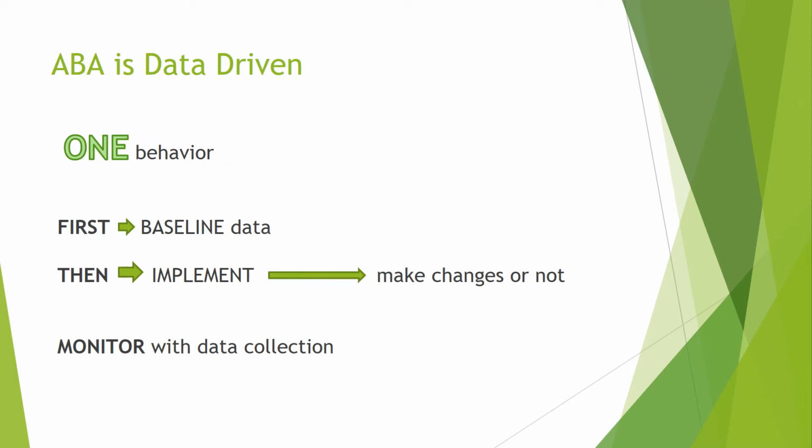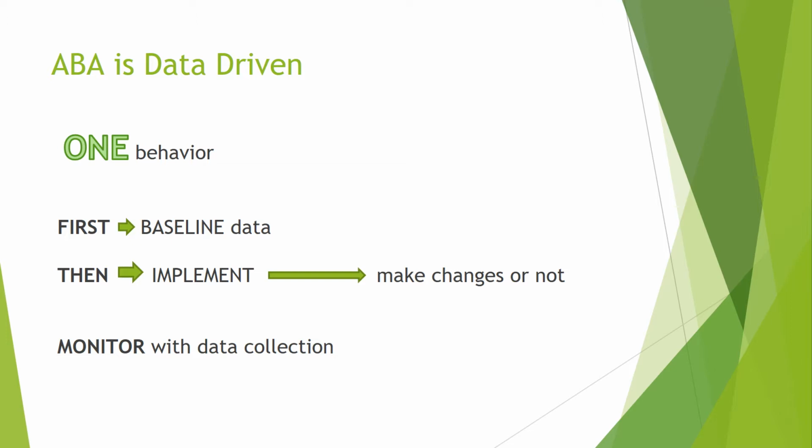Because ABA is a science, we're very data-driven. That means we collect a lot of information. We select one behavior at a time to focus on to change, and then we collect a baseline on that. How often or how long is that behavior happening? We implement our strategy or intervention based on some other analysis of the behavior that we'll talk about in other slide presentations.